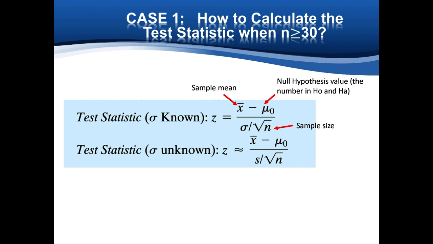However, most of the time, sigma is unknown. So we use S instead, where S is the sample standard deviation.